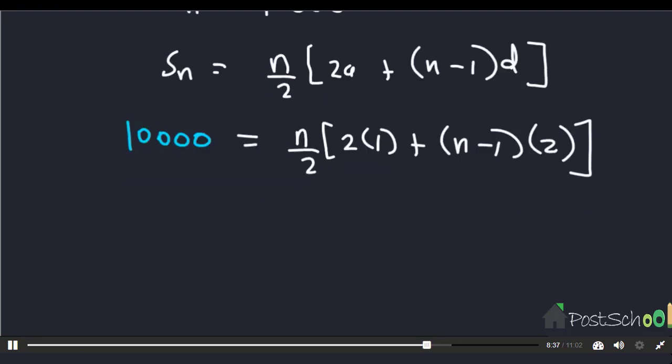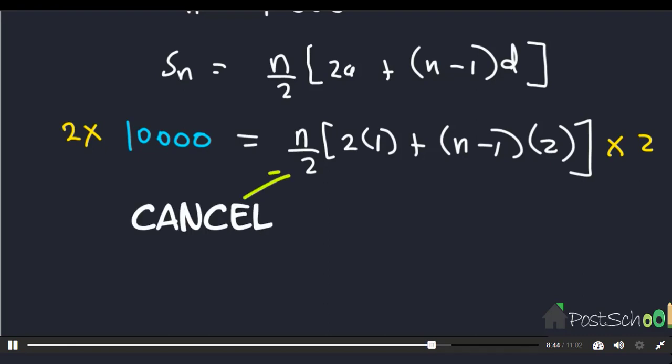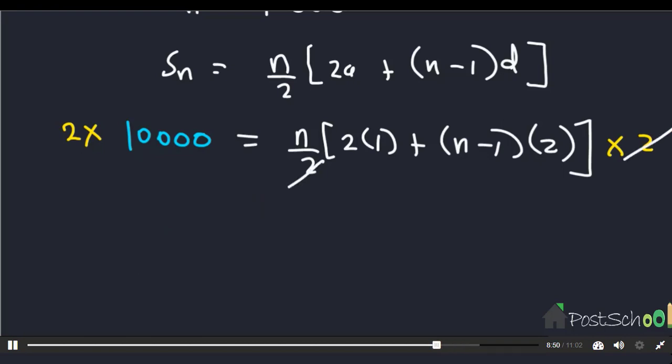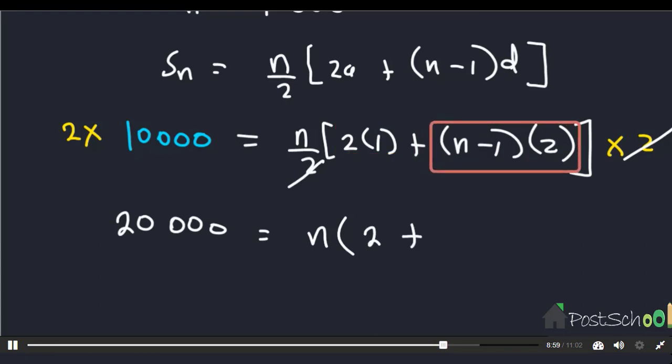To solve for n, the first thing we're going to do is multiply by 2 on both sides, so that we can cancel this 2. Then on this side we are left with 20,000 equals n times 2 times 1, that's 2, plus 2 times n, that's 2n, 2 times negative 1, so it's going to be negative 2.